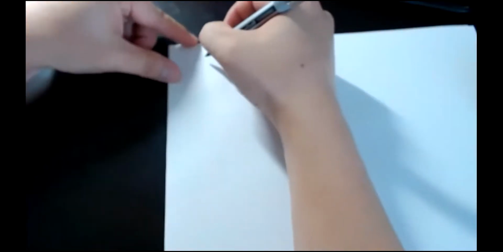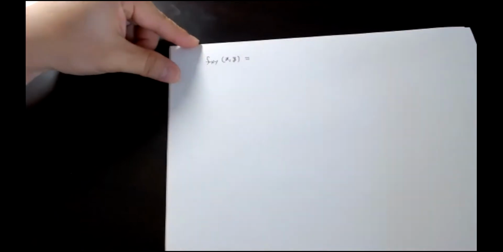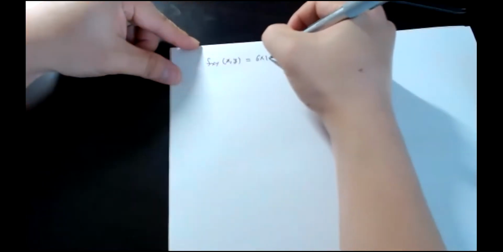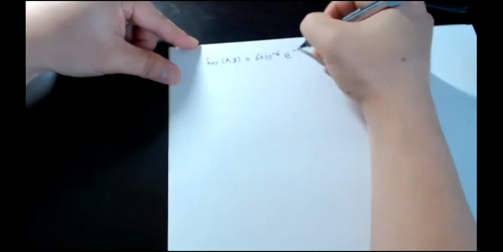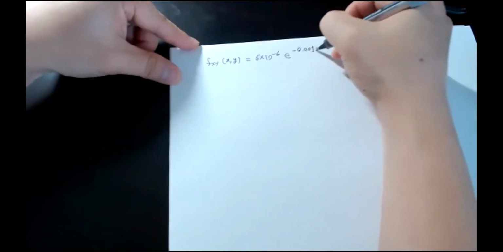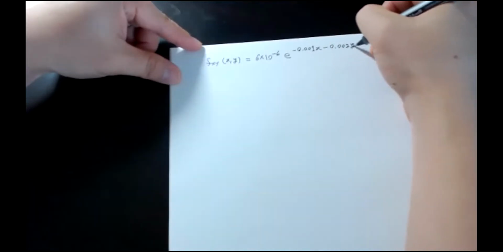So the f_XY(x, y). Let me copy the joint PDF. It was 6 times 10 to the negative 6 power, e to the minus 0.001x minus 0.002y.